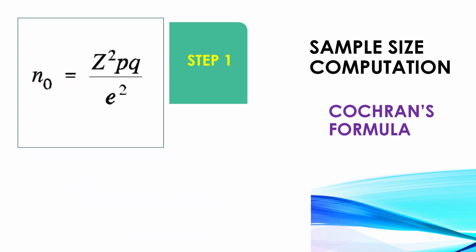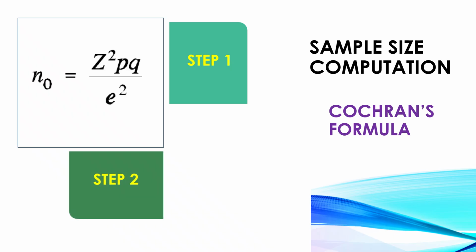Usually it's 95%, and the equivalent z for that is 1.96. P is the proportion of the population. Usually P and Q are both 0.5 or 50%. And e squared is the margin of error, usually 0.05 or 5%. Those are the common values for Z, P, Q, and E.